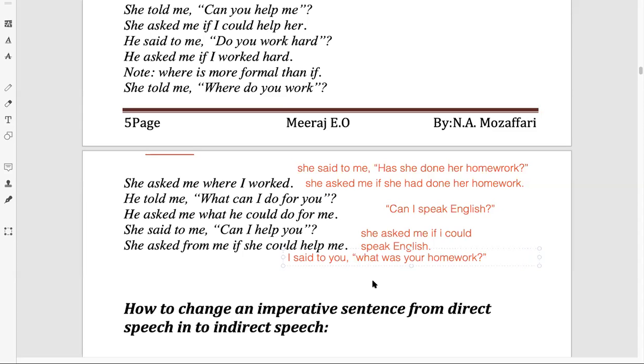I said to you, what was your homework? So when you change it to interrogative formula, we say, I asked you what your homework had been.